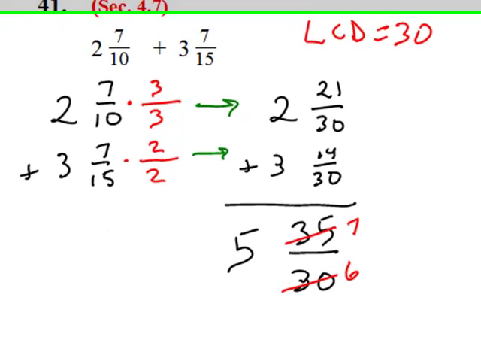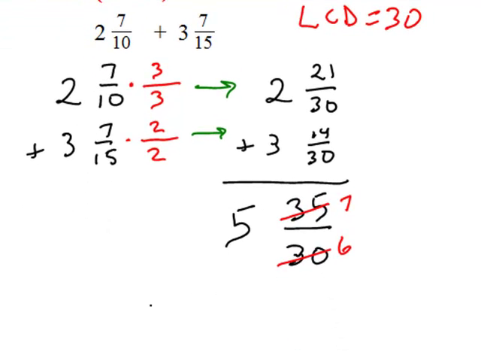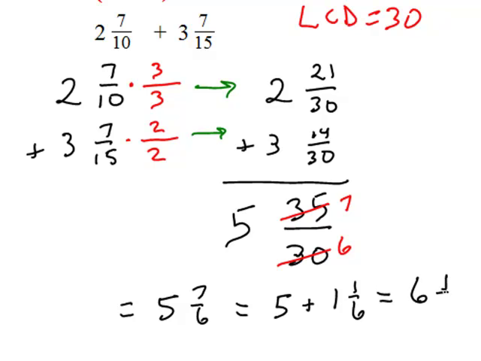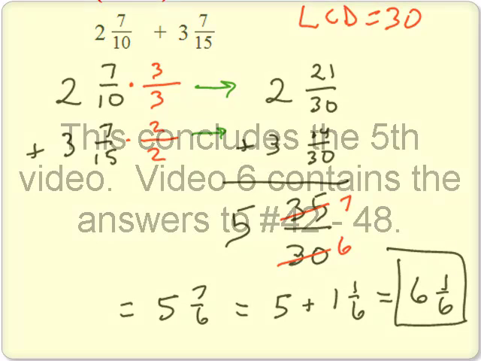So now the number that we're looking at is 5 and 7/6. But as I said, because 7/6 is improper, we're going to make this into 1 and 1/6. And now 5 plus 1 and 1/6 is simply 6 and 1/6. That was very involved. It's important to be careful step by step.